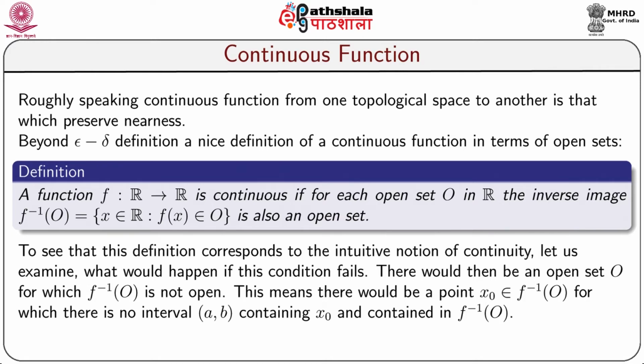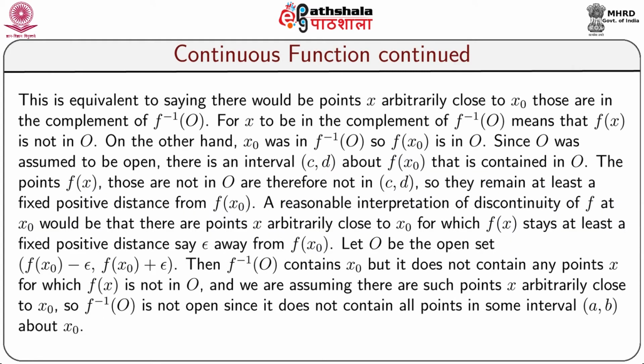We know the epsilon-delta definition of continuity. But there is another definition in elementary real analysis: a function f from R to R is continuous if for each open set O in R, the inverse image f inverse of O is also an open set. We will use this definition to define continuous functions between two topological spaces. This definition in fact preserves continuity.